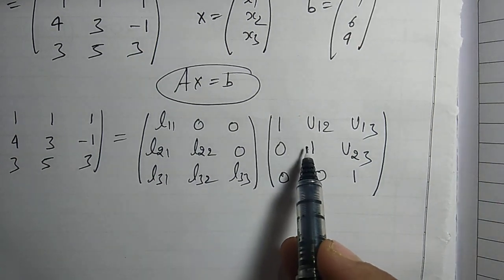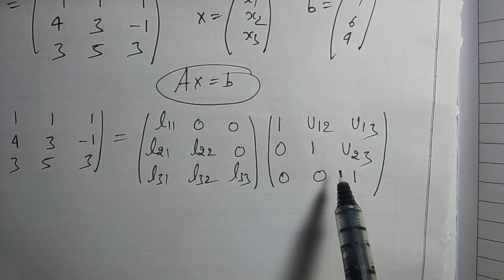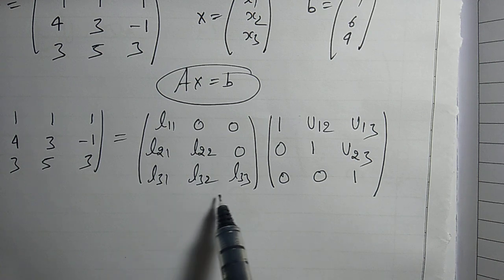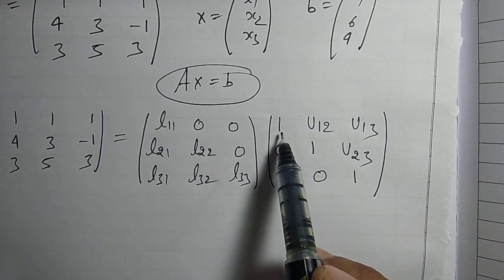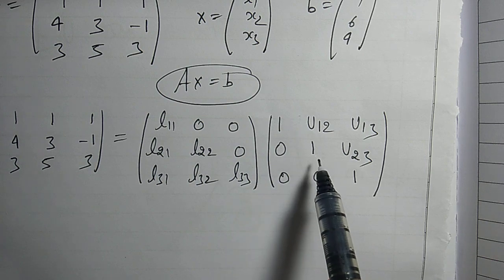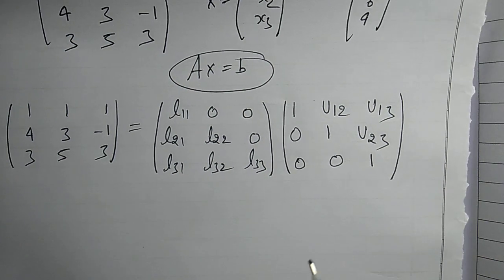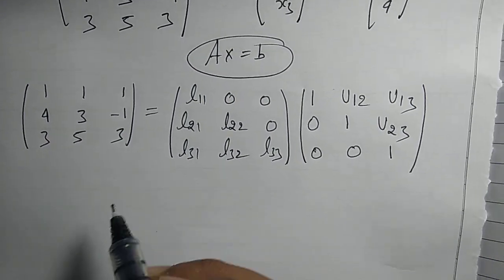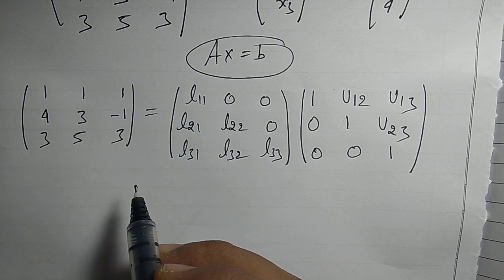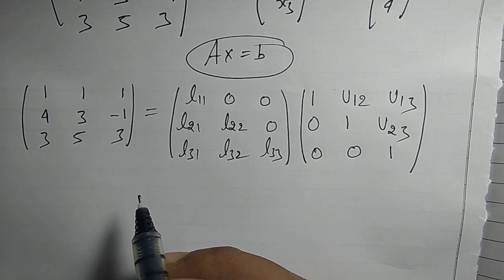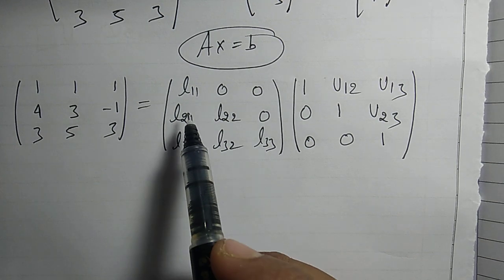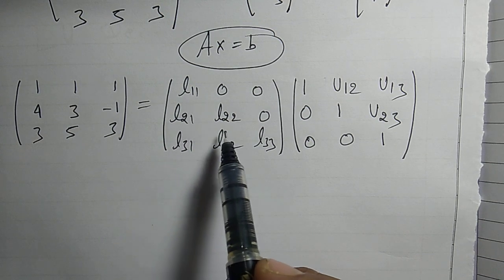These ones on the diagonal could also be placed in the lower triangular matrix, but in that case you would write U11, U22, U33. Now we have to simplify this product and get the values of the unknowns.